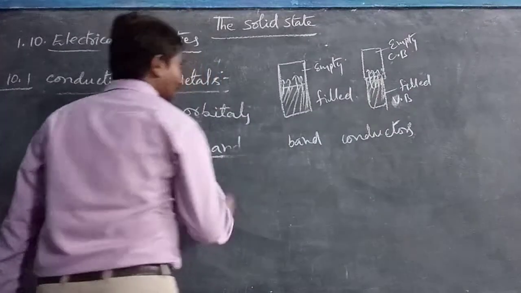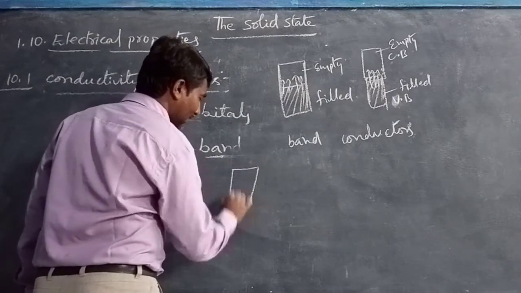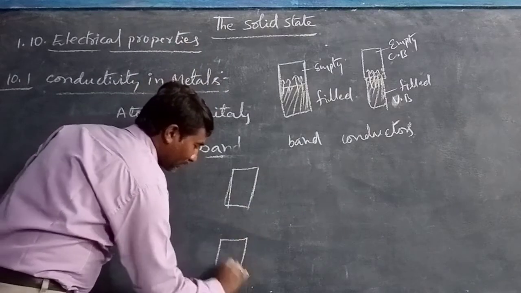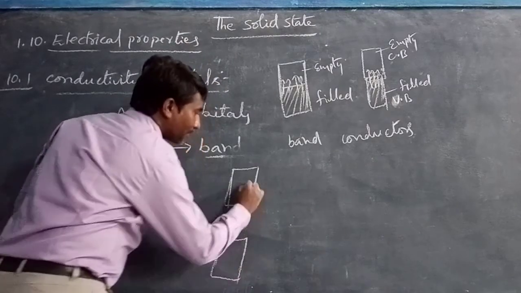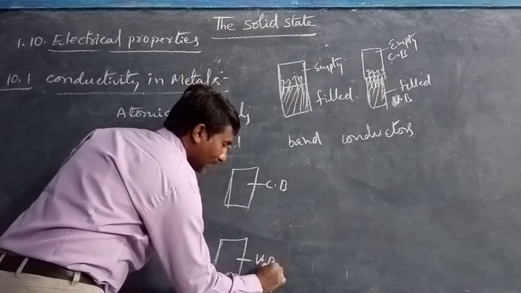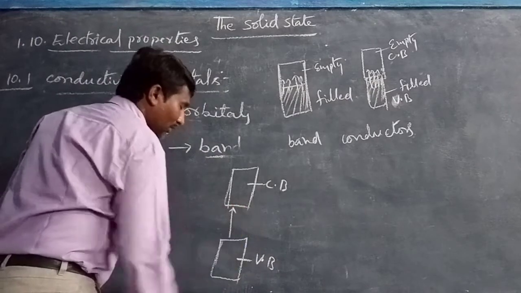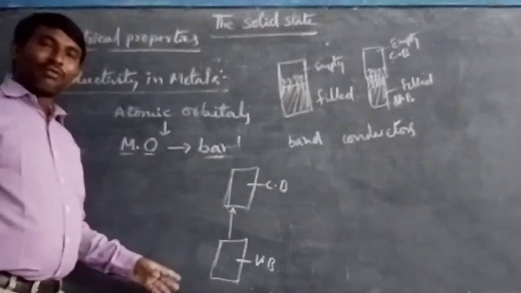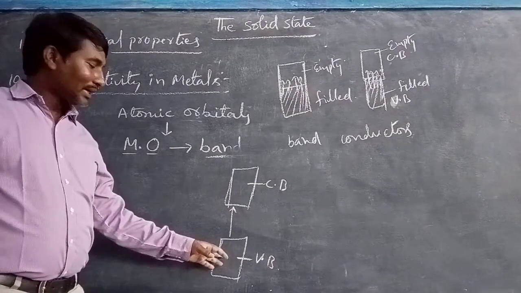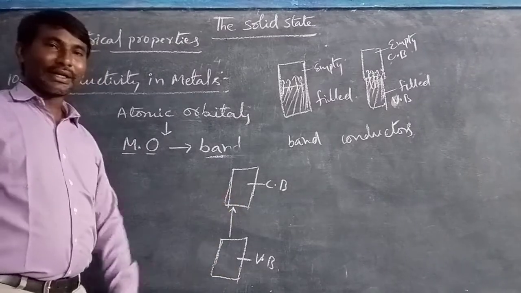Then in insulators, the gap between the conduction band and the valency band is larger. Electrons cannot easily jump from the valency band to the conduction band.